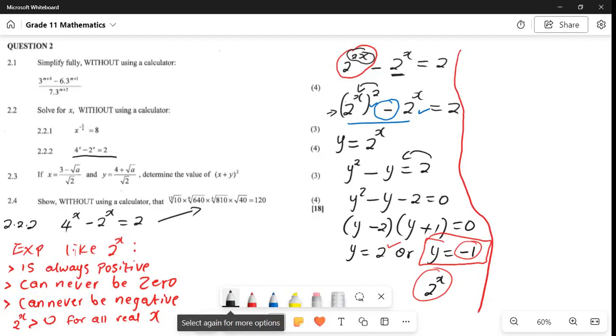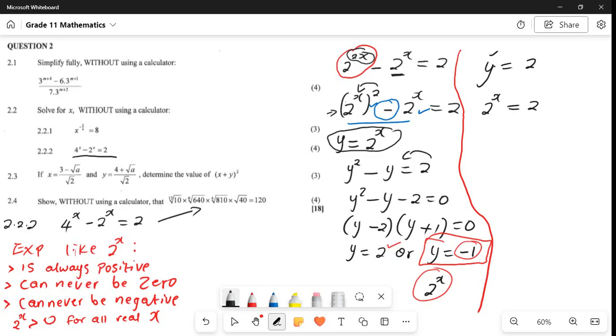As we have agreed that we are going to continue with y equals 2 only. But what is this y? We said here that y is equal to 2 to the power x. That means we need to go back to the original and take 2 to the power x as our y and equate it to 2.